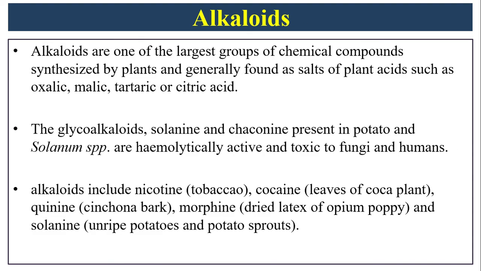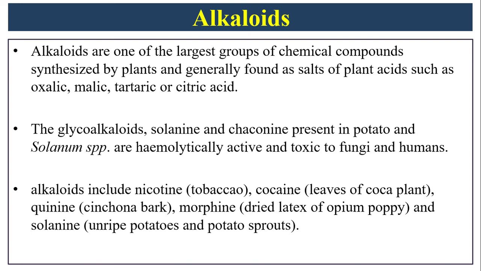Alkaloids. Alkaloids are one of the largest groups of chemical compounds synthesized by plants and are generally found as salts of plant acids such as oxalic acid, malic acid, tartaric acid or citric acid. The glycoalkaloids solanine and chaconine present in potato and Solanum species are hemolytically active and toxic to fungi and humans.